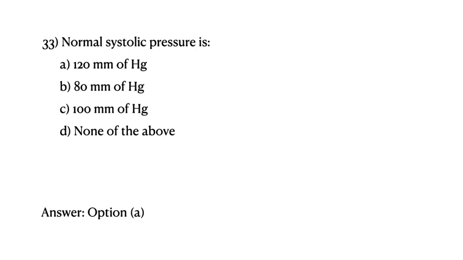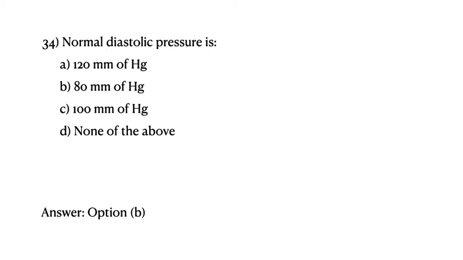Question number 33. Normal systolic pressure is option A 120 mm of Hg, option B 80 mm of Hg, option C 100 mm of Hg, option D none of the above. Now here normal systolic pressure is always 120 mm of Hg. So option A is the correct answer.